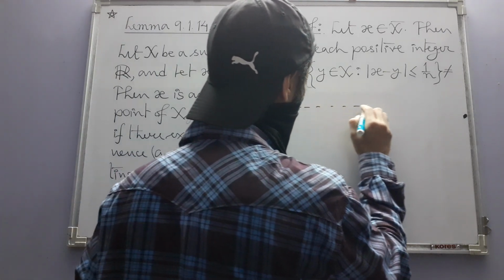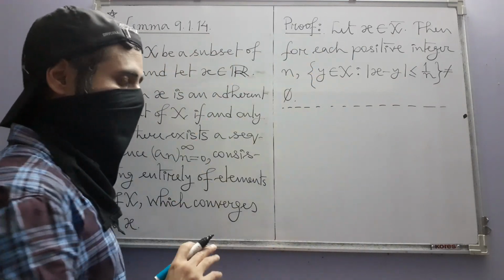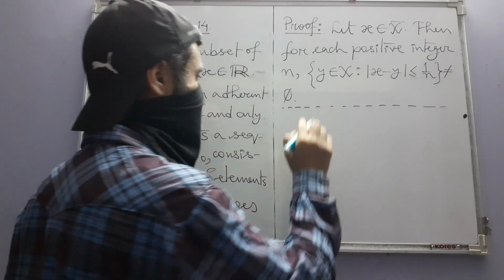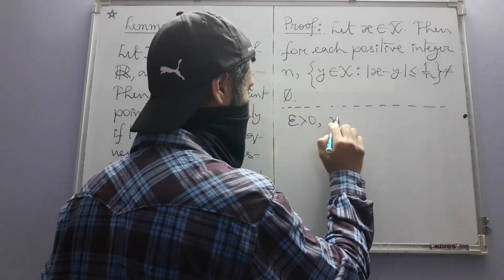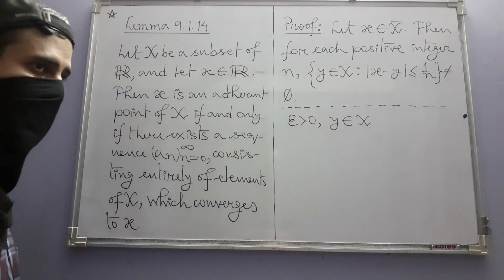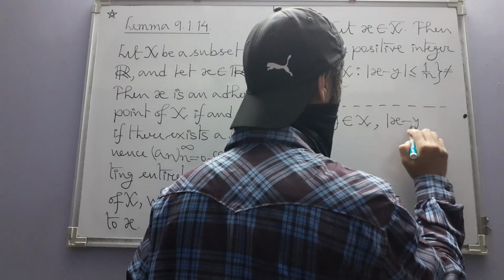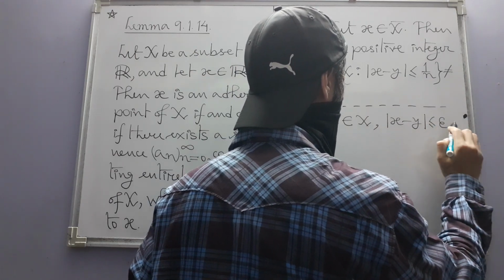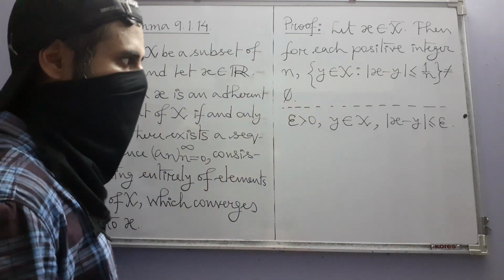Let's see. So x is an adherent point of X, but what does that mean? It means that for any epsilon greater than 0, we are able to find an element y in X that is epsilon close to small x. So here in place of epsilon we have 1 over n.